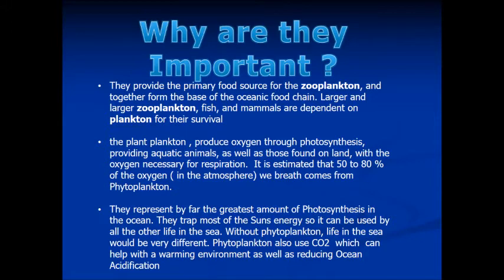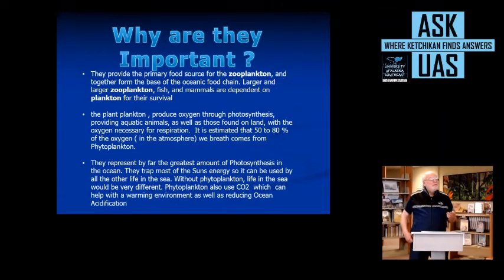It is estimated that anywhere from 50 to 80% of the oxygen on the Earth's surface that people breathe comes from the phytoplankton in the ocean. It's that important. So we're talking about a very, very significant piece of biochemistry that produces the oxygen on the surface. It comes mostly from phytoplankton.